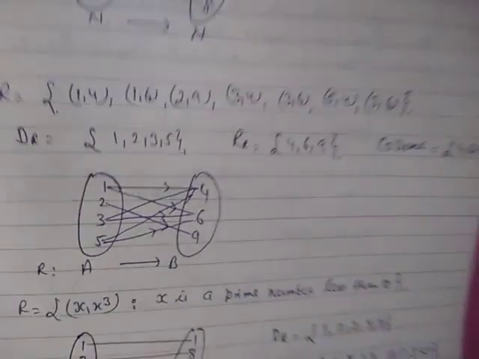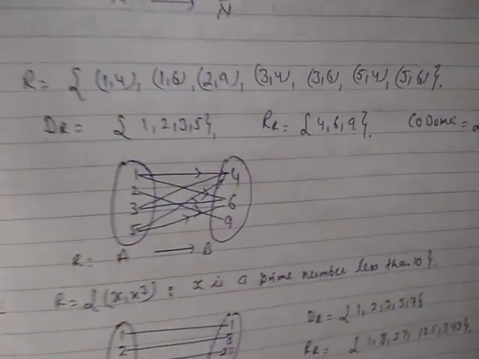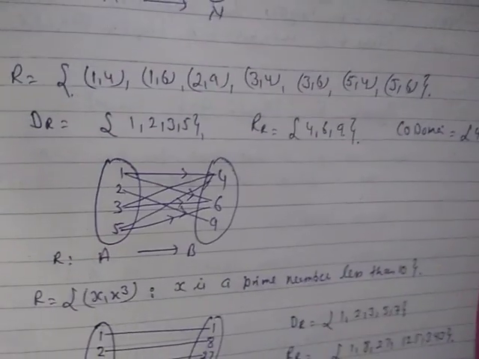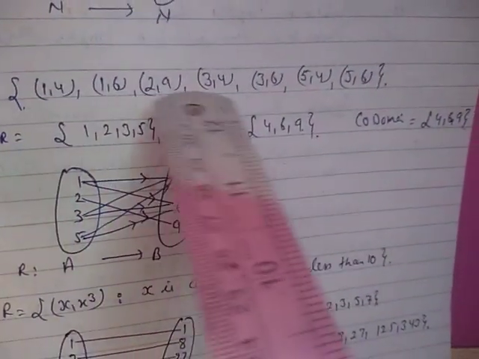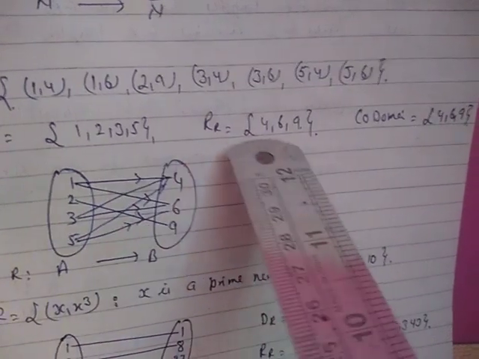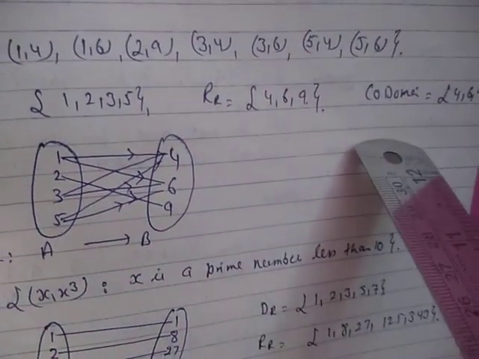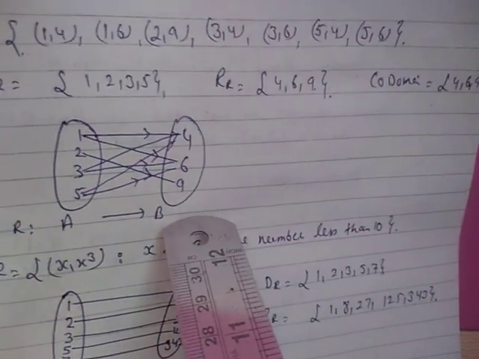And now you can do by yourself what the domain will be. The domain is the first element of the ordered pair in relation R. It is {1, 2, 3, 5}. Range is {4, 6, 9}. Codomain is {4, 6, 9}.